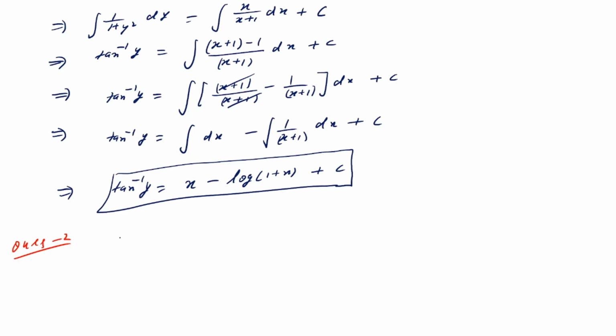See, solve dx upon x plus tan y dy equals to 0. So in this question there is no specialty, variables are already separated, so you can solve it very easily. So let's see.